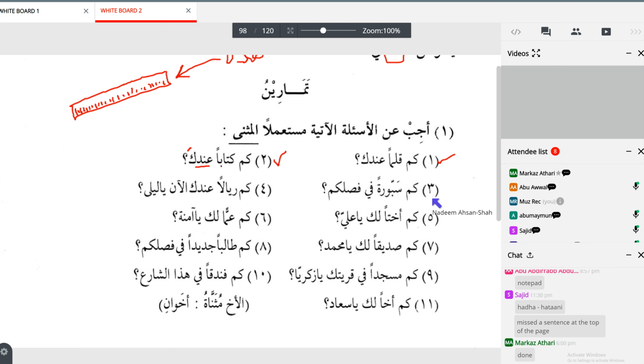So why wouldn't it be li kitabani instead of indi kitabani? It seems that because it's not people, meaning li is for like brothers, father, sister, which is your family, part of you.